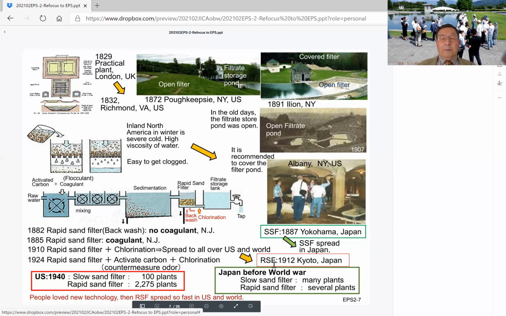And rapid sand filters date from 1912 in Kyoto, Japan. The statistics before the Second World War: at that time, slow sand filters in my country were many plants, and rapid sand filters were several plants. This is quite different between the United States and Japan.